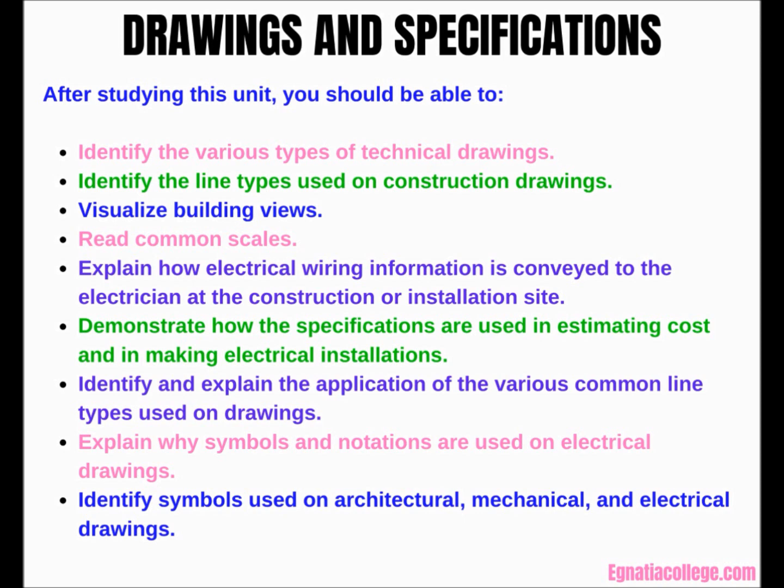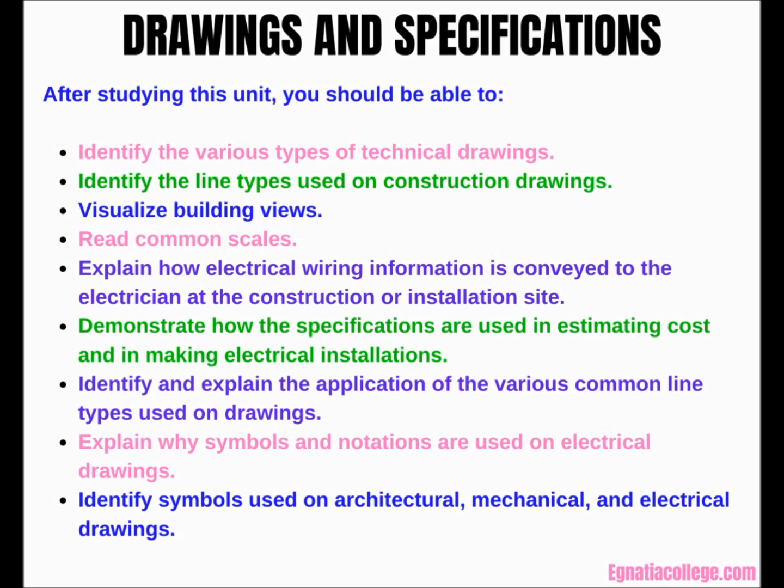Drawings and specifications. After studying this unit, you should be able to identify the various types of technical drawings. Identify the line types used on construction drawings. Visualize building views. Read common scales. Explain how electrical wiring information is conveyed to the electrician at the construction or installation site.